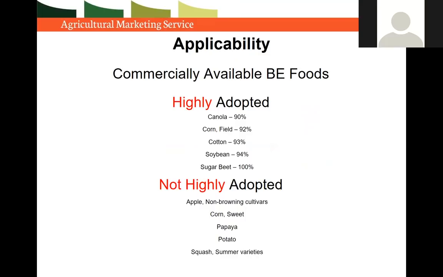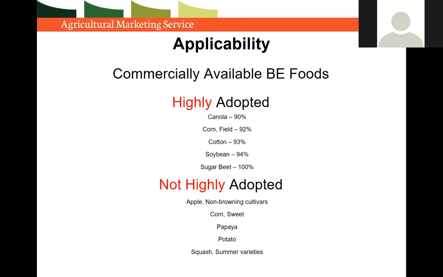The second list includes non-browning apple cultivars, sweet corn, papaya, potato, and summer squash varieties.